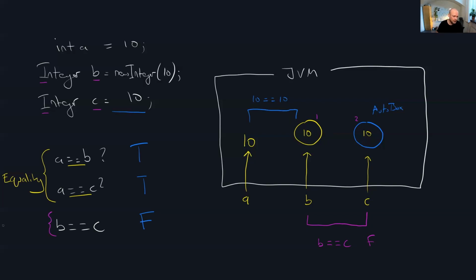This is a classic example of what happens when you are jumping between reference types and primitive types. What you think this operator means, equality, can change.